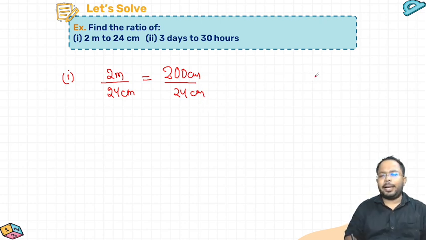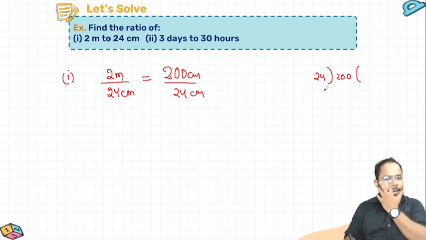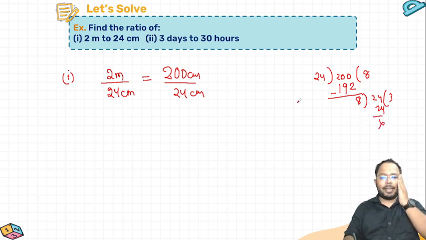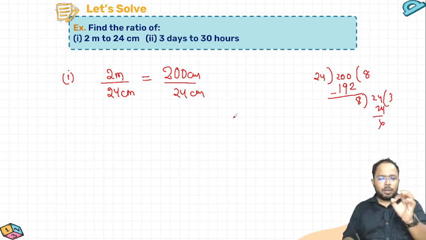Let's find the HCF of this, 200 and 24. The HCF is 8. If we divide by the HCF, we get the simplest form.